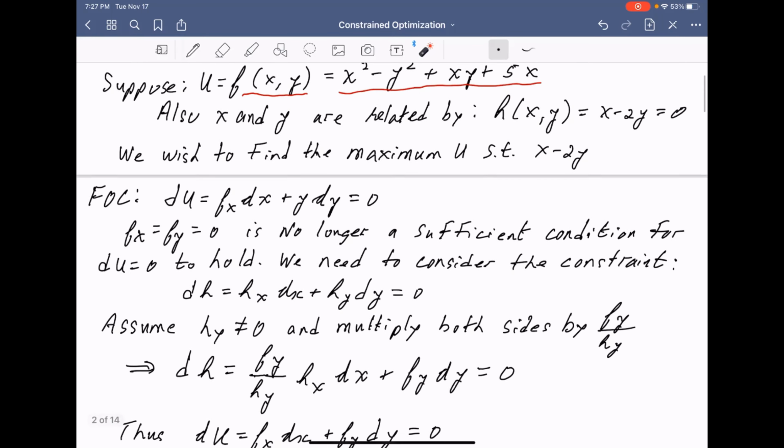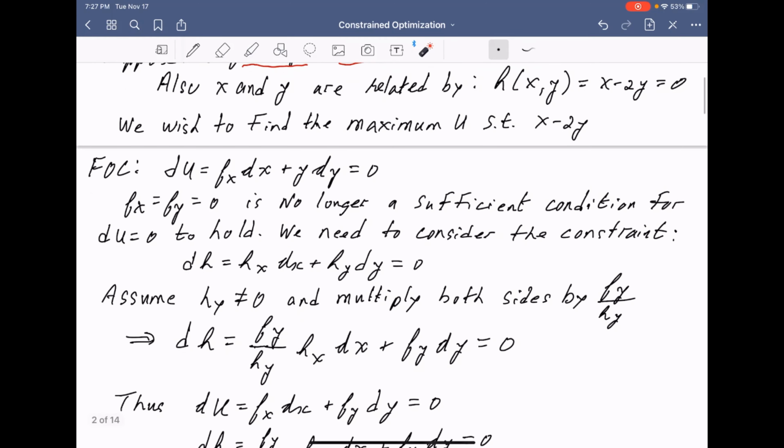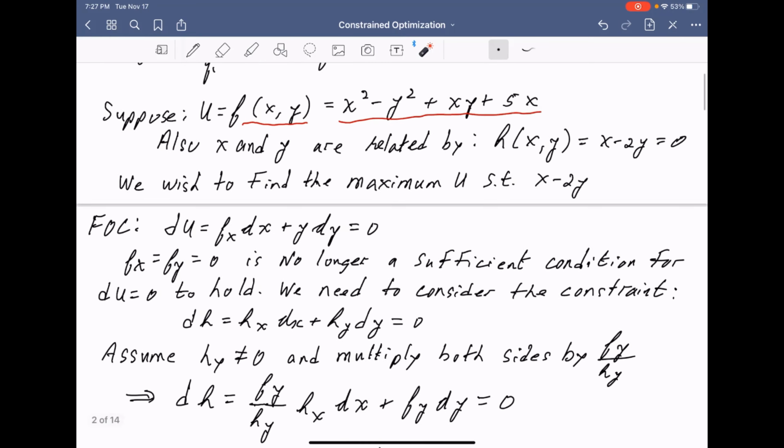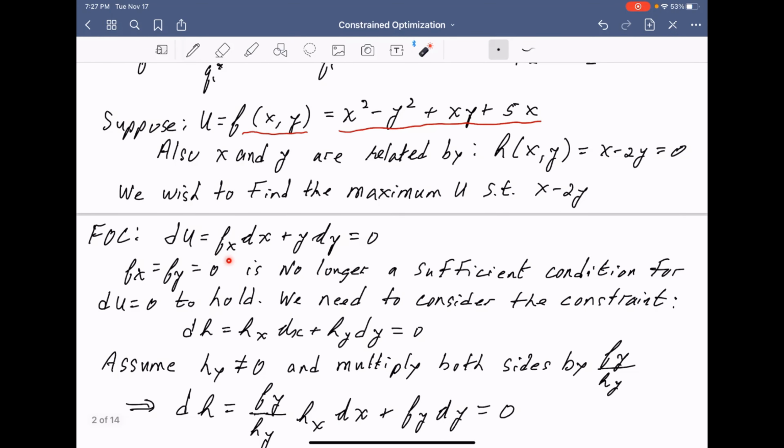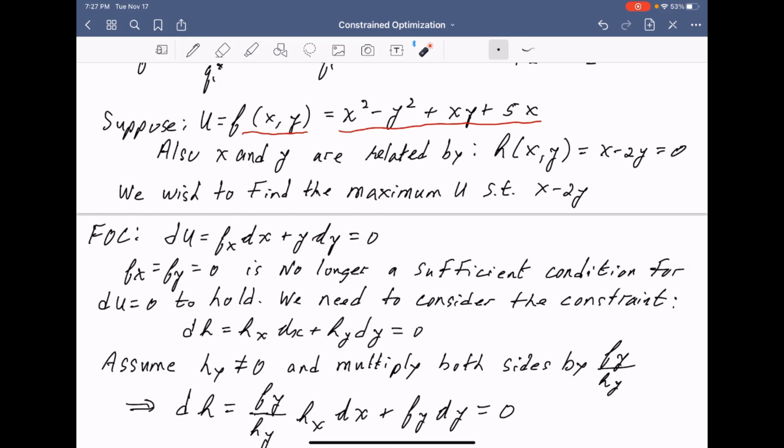So the first order condition, we're using total differentials here, is that the differential of the utility function, du, is equal to f sub x dx plus f sub y dy, and we set that equal to 0. Now f sub x, the partial of the function f with respect to x, and f sub y, the partial with respect to y, both equal to 0.